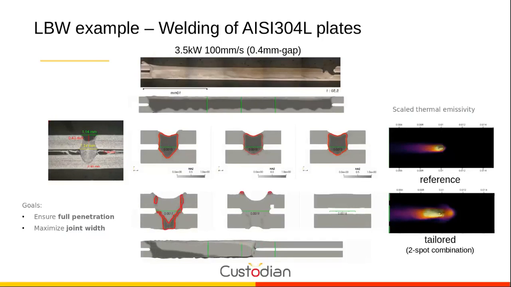What we see here is just a dummy example using a two-spot combination. I'm not going to enter into the details of the shapes of the two spots, but you can see the scale, the emissivity, which is nothing else but the fourth power of the temperature, as a rough simplification, in order to see the difference in the thermal field that originated that different result.